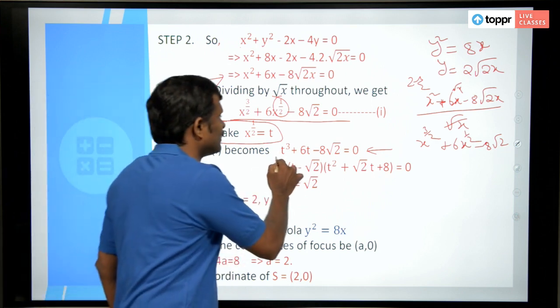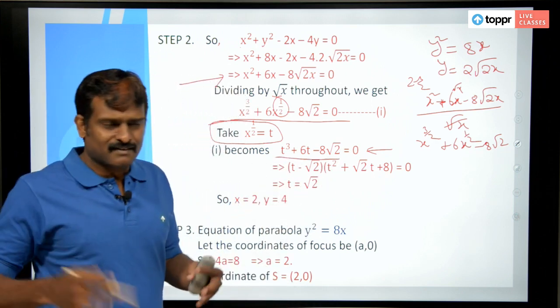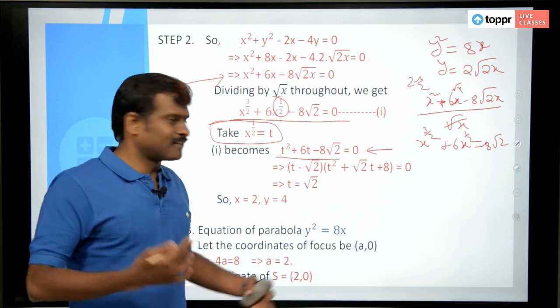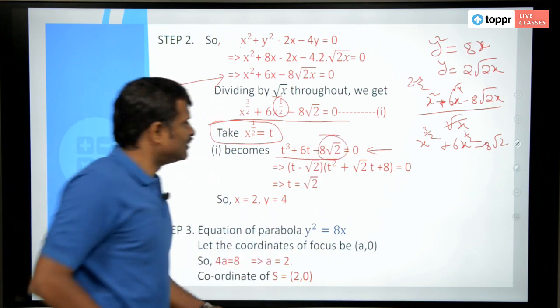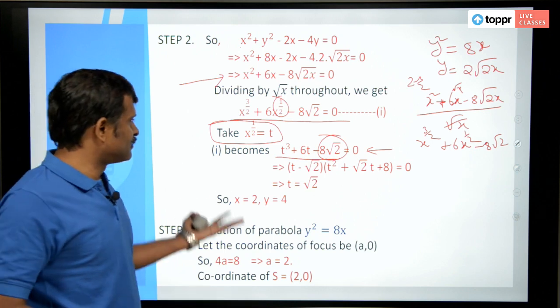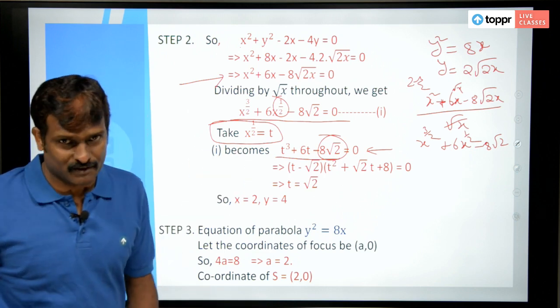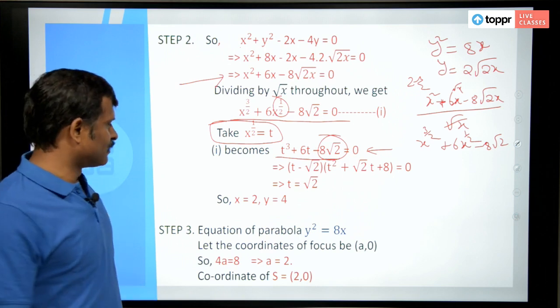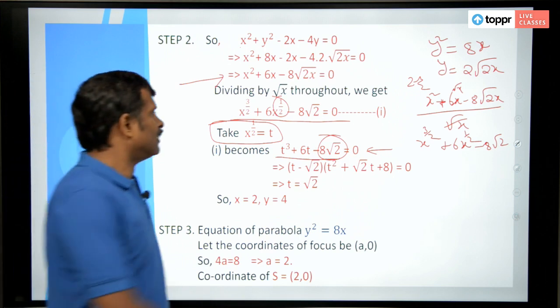It should come to your mind to think in that direction. When there is a root 2 here, it is not possible to factorize directly, and it is a cubic polynomial first of all. So generally, how do we do it? By using the remainder theorem or factor theorem. See, if you substitute, you are going to get 0.